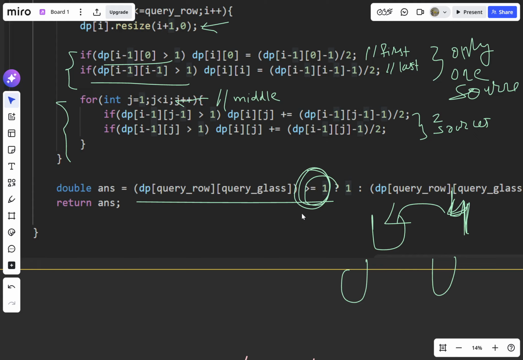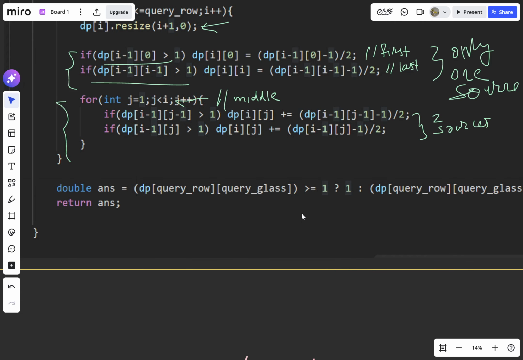When any glass is storing greater than 1, the remaining water will be overflowed, but their value we are storing as greater than 1. In a real life scenario it will store only 1, but for calculating our answer, we are storing the 4 in the topmost glass.